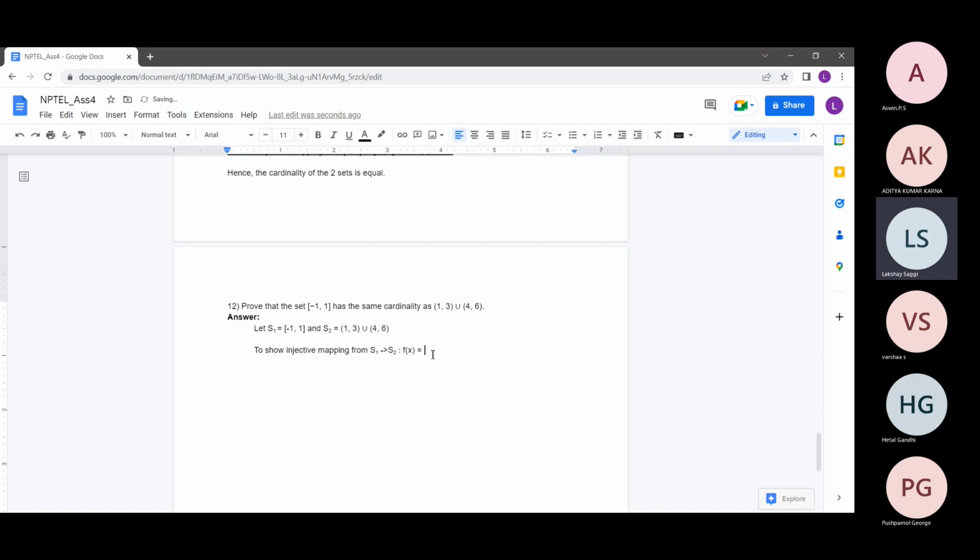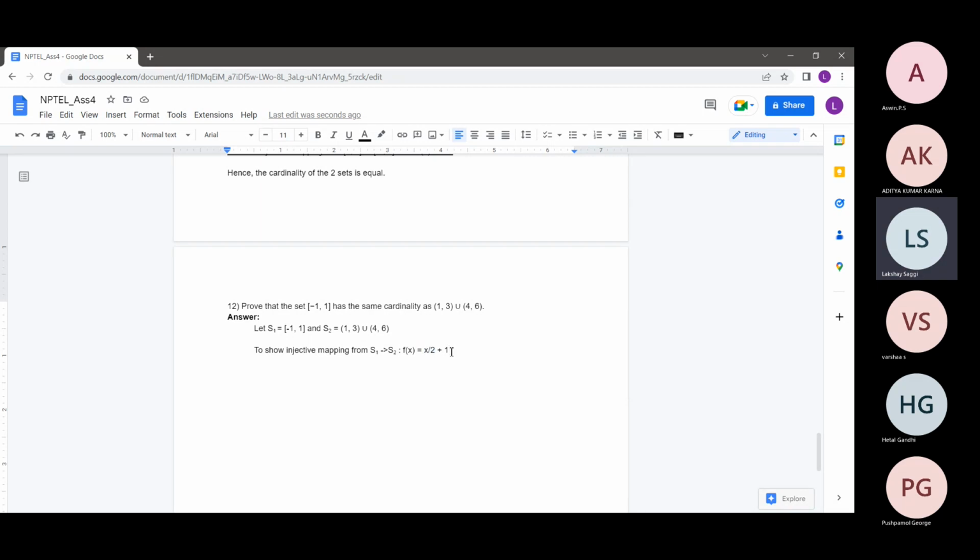So suppose I take the function f of x as x by 2 plus 1. I think everyone would agree that this is an injective function. Now let's see what values it would lie in. x lies from -1 to 1. So x by 2 will lie from -0.5 to 0.5.